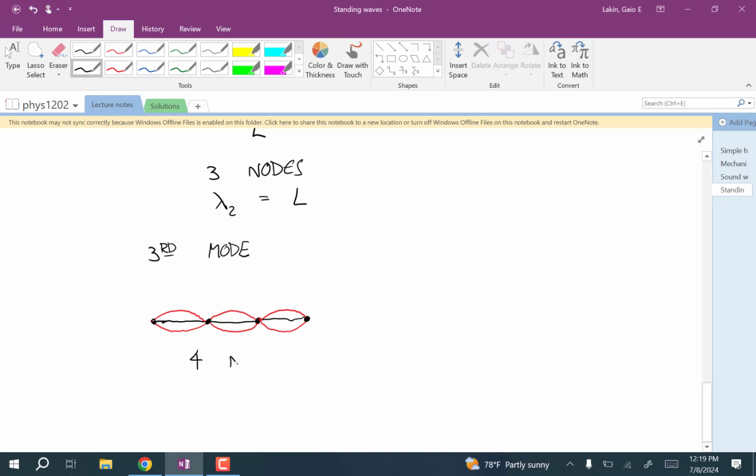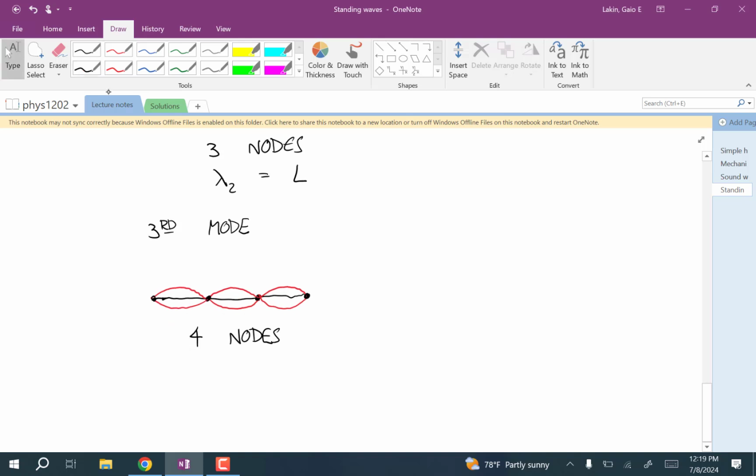So this has 4 nodes. And the wavelength here, you can see that we fit 1 wavelength into 2/3 of the length of the string. So the wavelength here is 2L over 3.